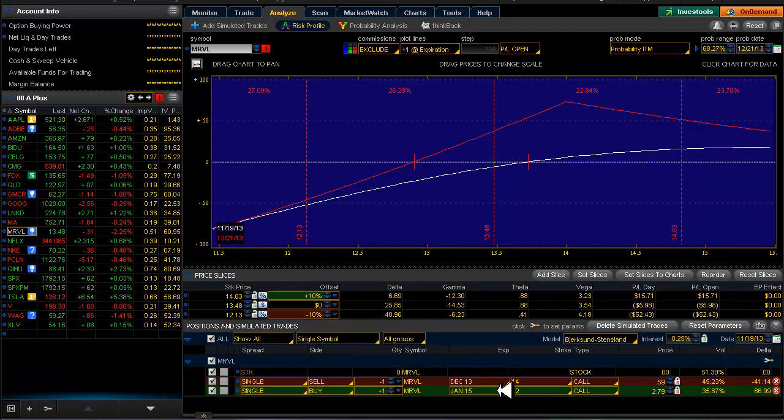In this case we buy a January 15th 12 LEAP, and then we sold a December 13 call against it, collected 59 cents, and if we can collect close to 59 cents every month, we'll end up paying for this LEAP, and maybe the price will appreciate at the same time.